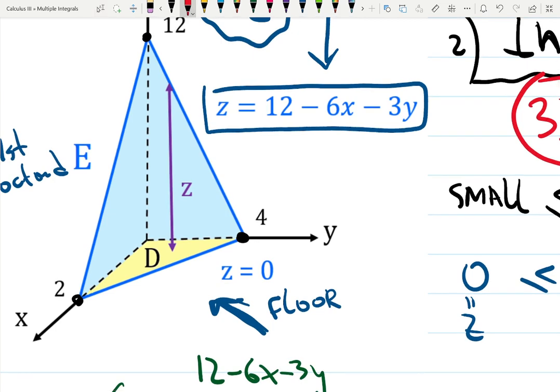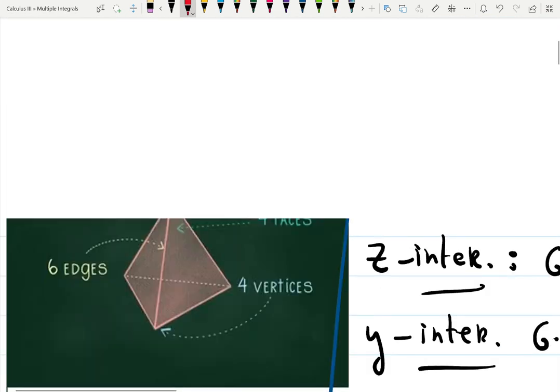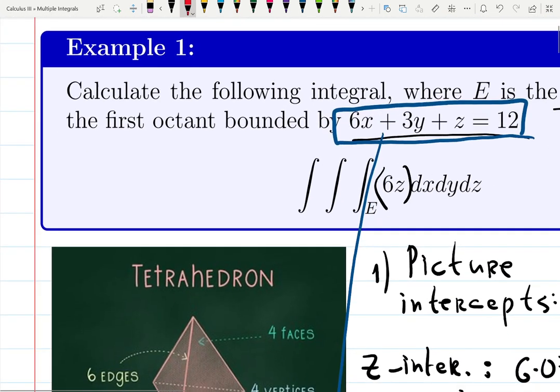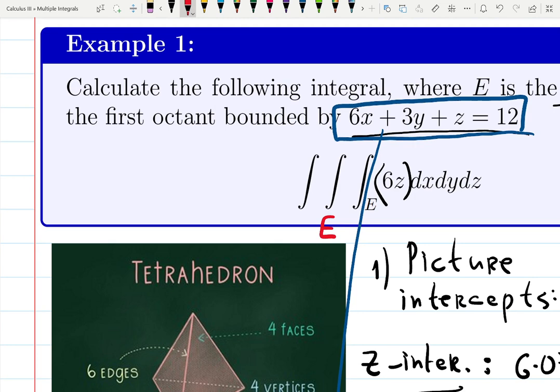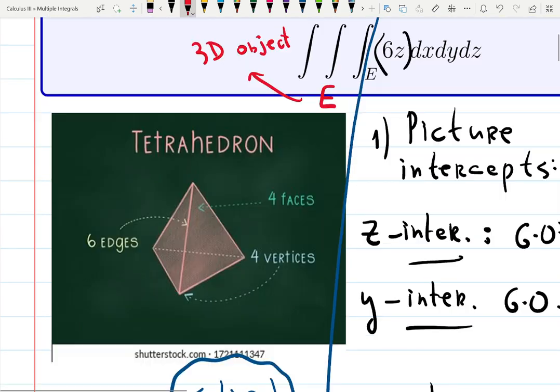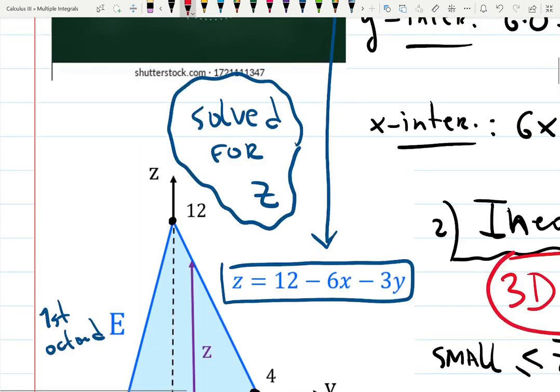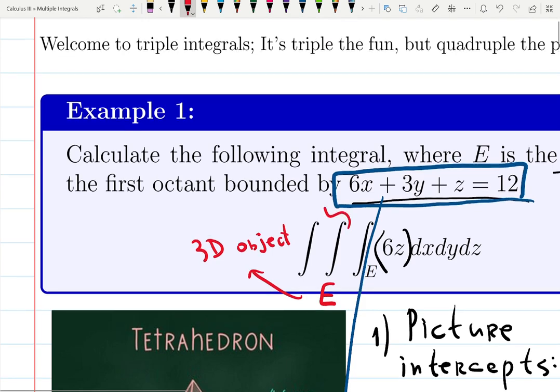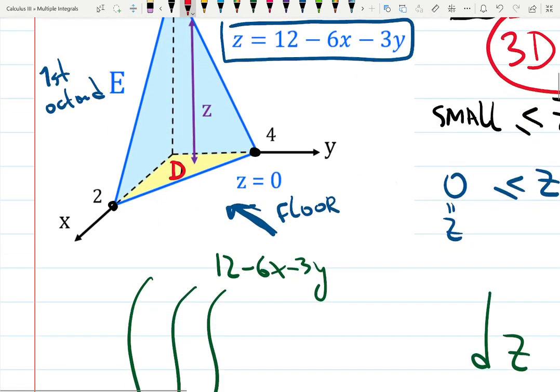That's why we call it D. So again, the integral is calculated over E. E is a 3D object, which plays the base of the 4D cake. But the two remaining integrals are still representing D, and D is the floor.